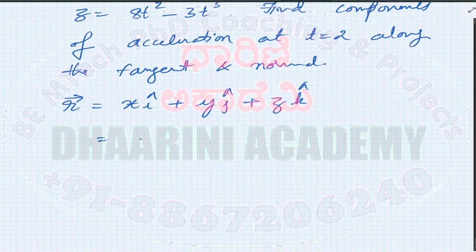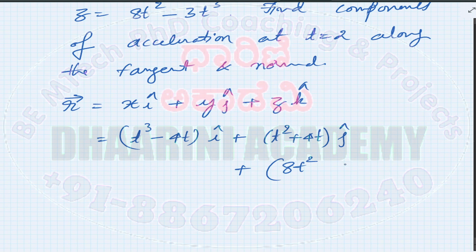So when we substitute this, it becomes t cube minus 4t times i cap plus t square plus 4t times j cap plus the last component, that is z, which is 8 times t square minus 3 times t cube times k cap. Alright, so this is r.